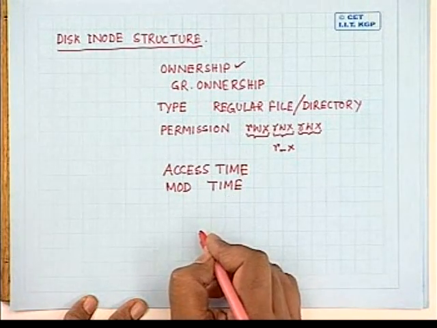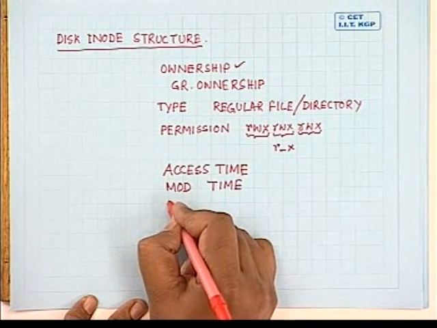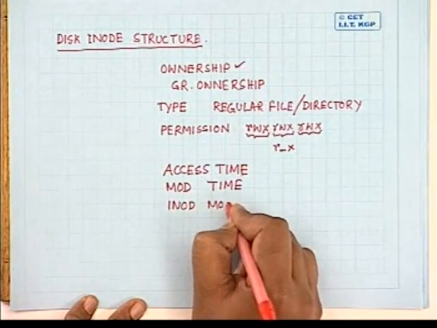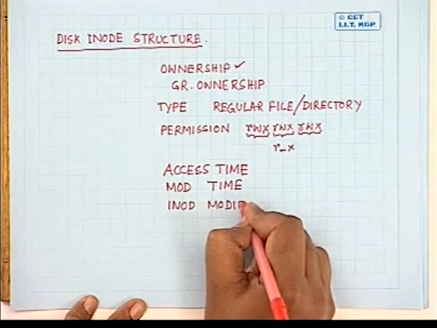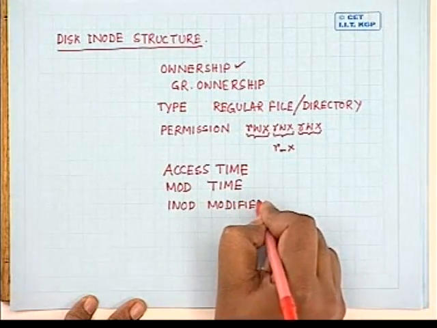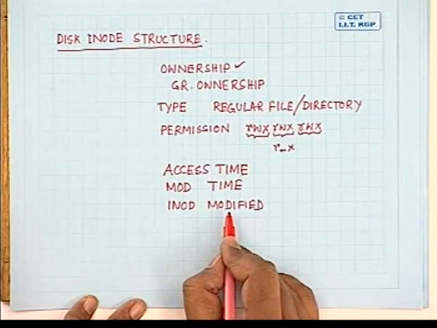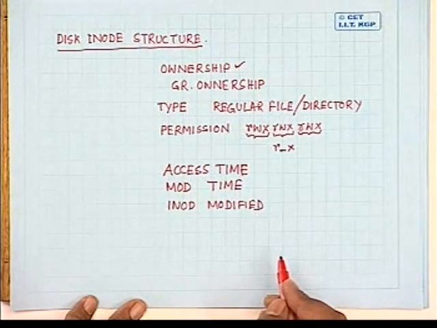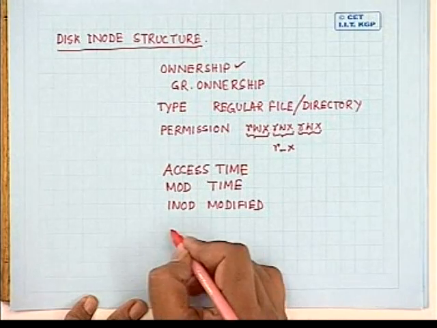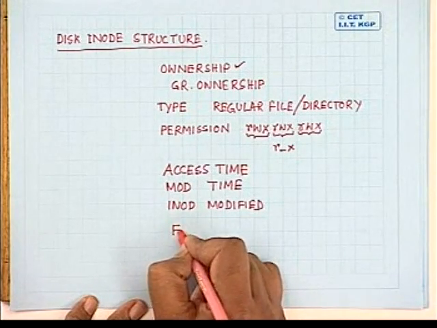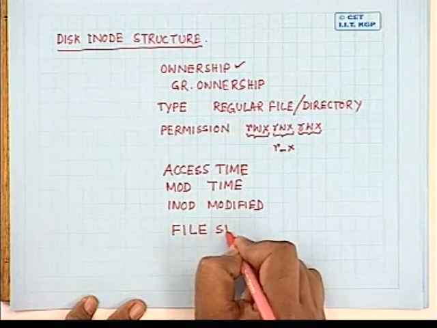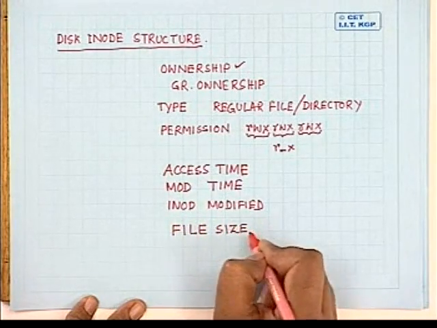We also have the time when the inode was last modified. So this information you also have in the inode. Obviously, you have to have information about the size of the file, that means how many bytes the file occupies.